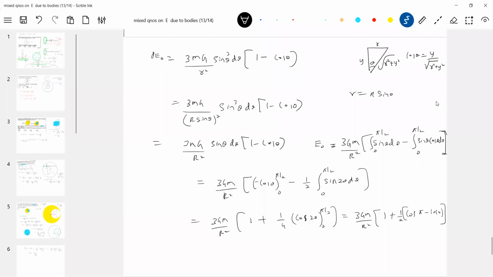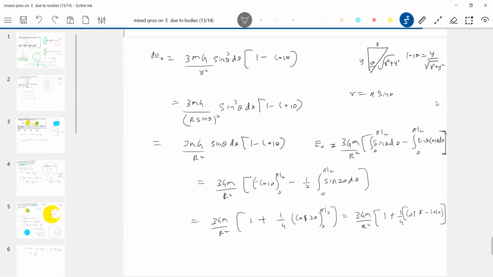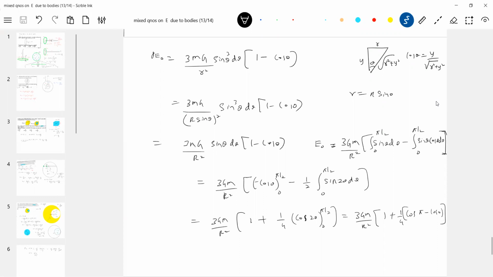Okay, fine. Next again. Next step, this limit, cos pi. Minus of cos pi is minus 1, minus 1, minus 2 it will come. So minus 1 by 2.